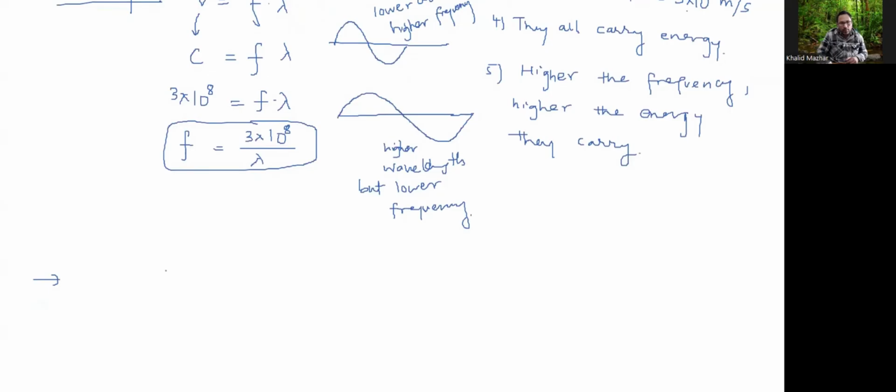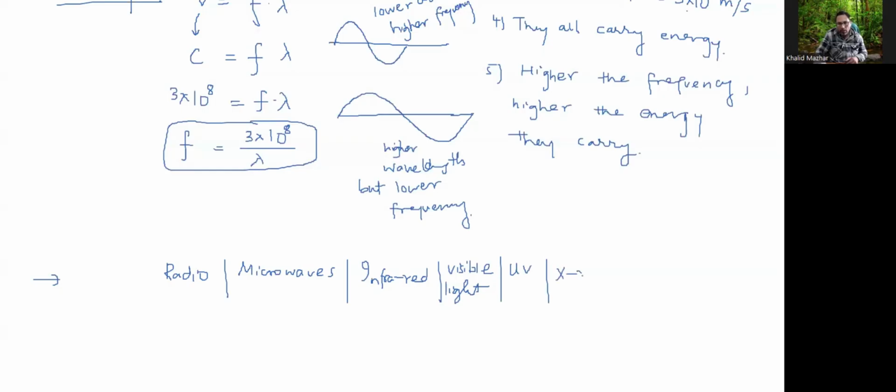Like the longest wavelength is radio, then comes microwaves, then infrared, then visible light, then UV light, then the X-rays, and finally gamma radiations. So these are the blocks you need to remember.